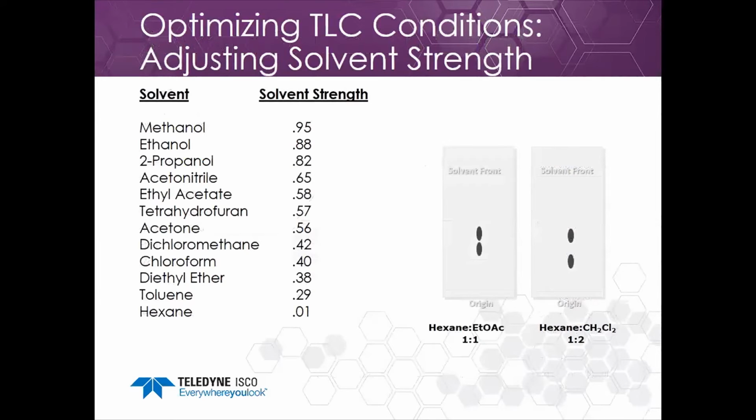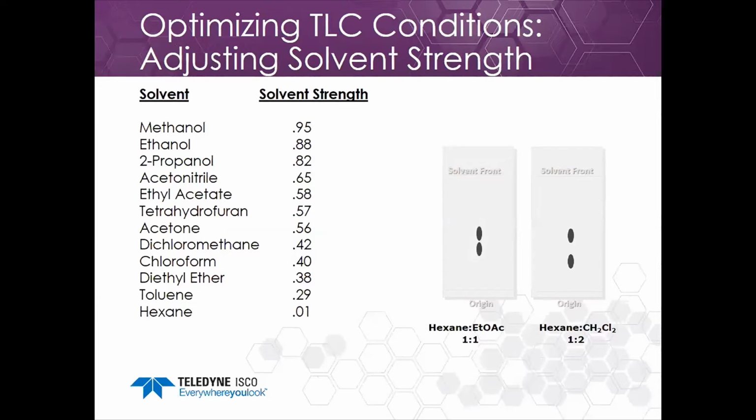Another way we can classify solvents is based upon their solvent strength. In this case, we have a strong solvent, methanol, all the way down to hexane, and then everything in between. This example shows a TLC using a 1-to-1 mixture of hexane and ethyl acetate, and we have similar RF values for the compounds, but when we change to hexane and dichloromethane, we're actually able to get better resolution between the two compounds.